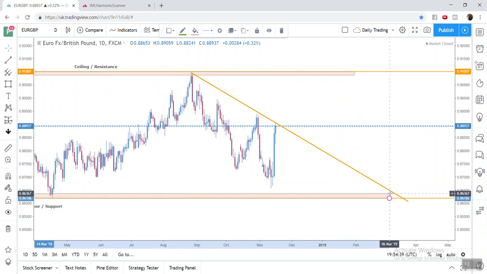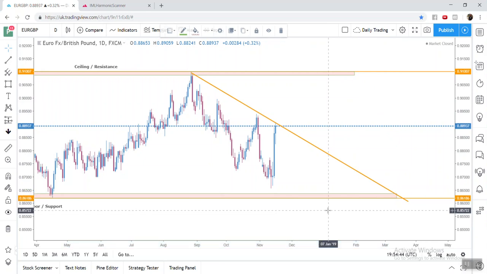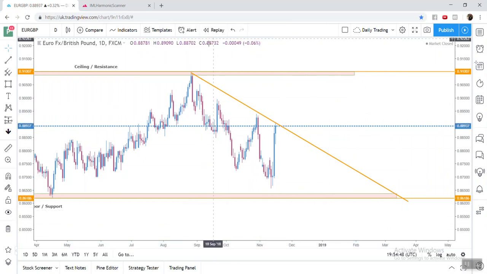Just extend that out a bit. Okay. So now we've had 1, 2, 3 touches to our trend line, and slight rejections. See how the wick has gone up, tested our trend line, and then it's pulled away.